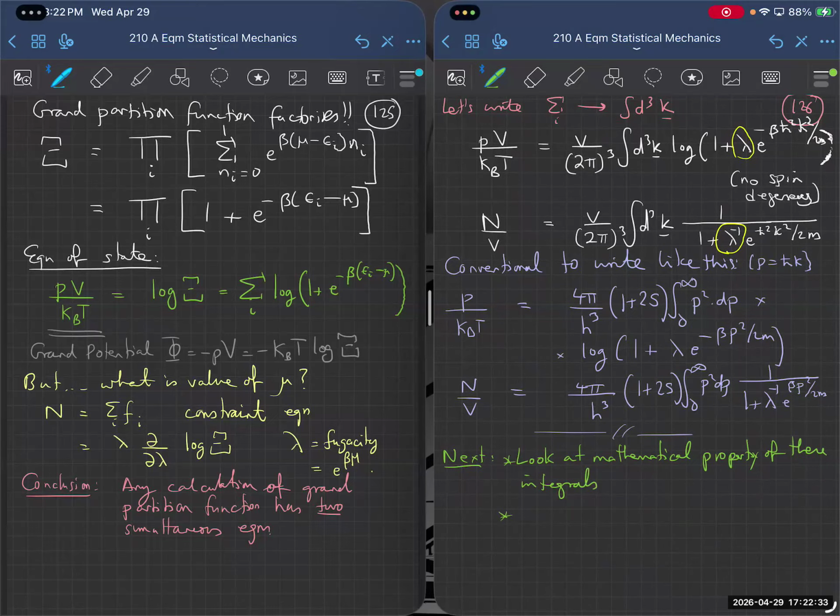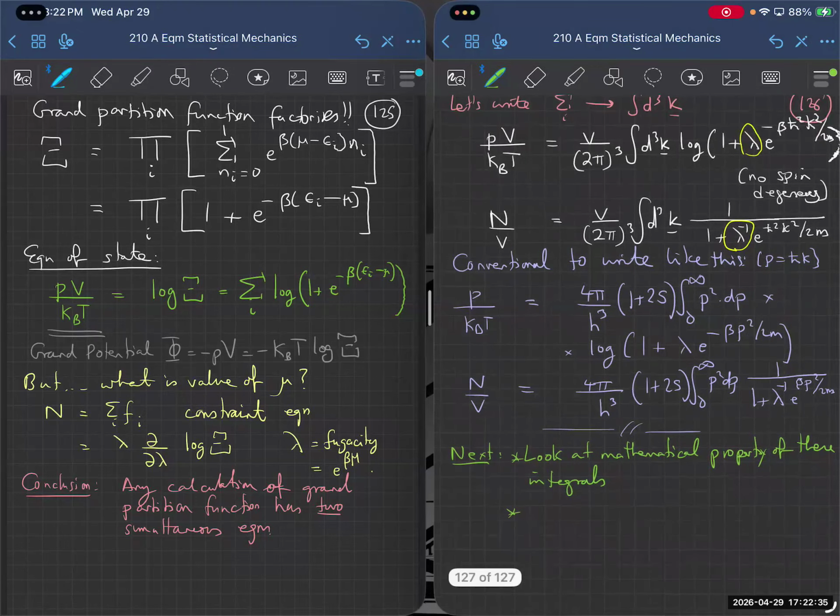And what we're going to see in particular is that in the classical limit, we just get that PV over N k_B T is equal to 1.